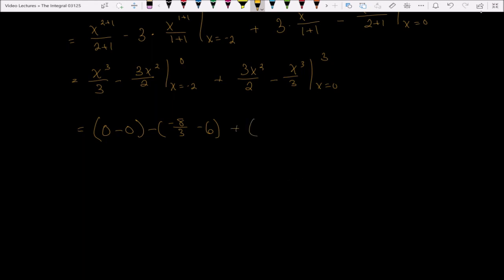Then plus, when x is 3, 27 over 2 minus 27 over 3, which is 9. Then minus, when x is 0, it's just 0 minus 0. And this evaluates out to 79 over 6.